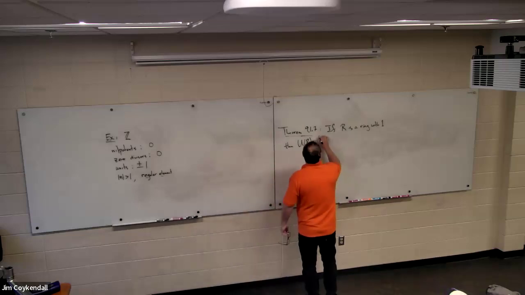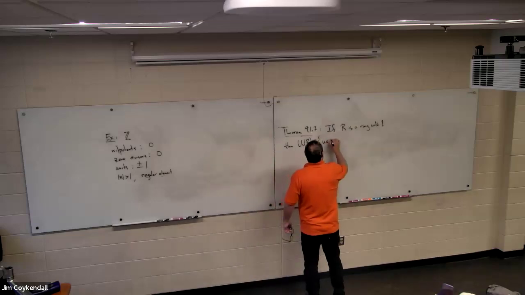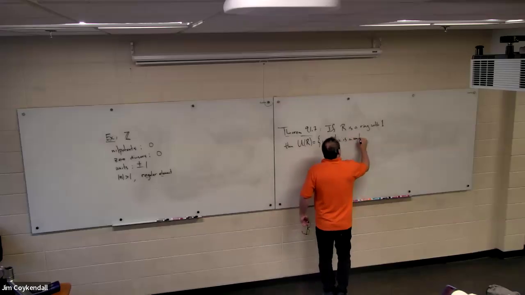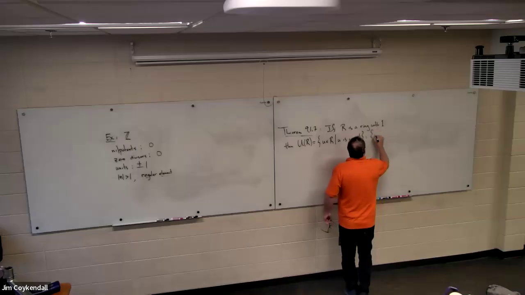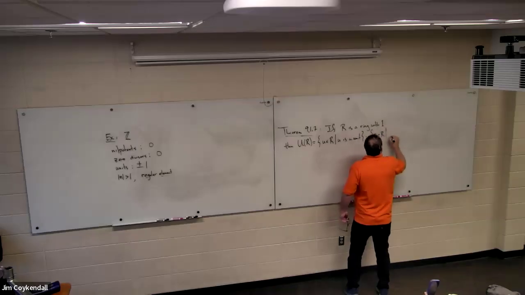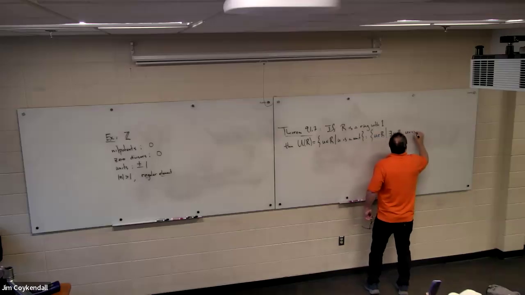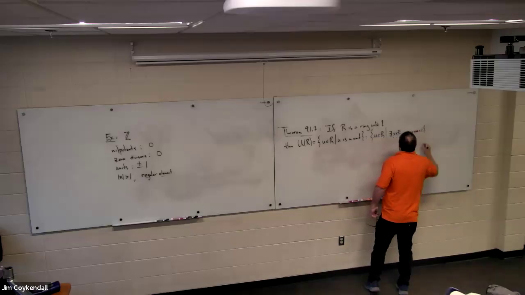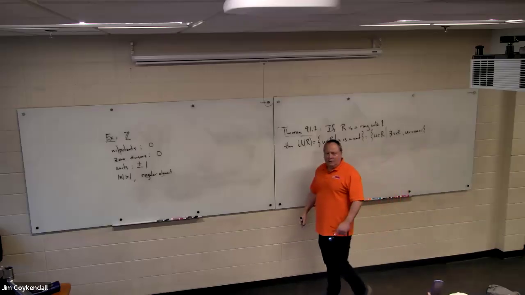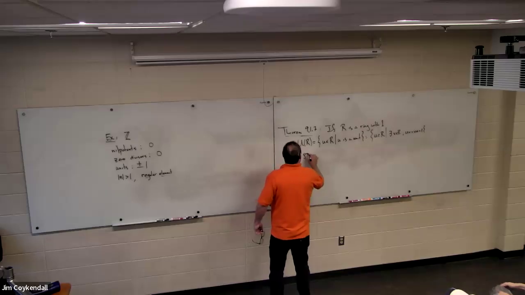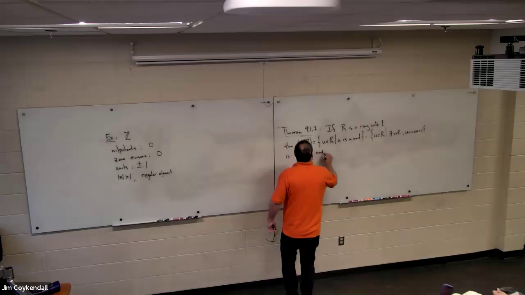This is the set of u in R such that u is a unit, which is the set of u in R such that there exists a v in R with uv equals vu equals 1. So that's just a reminder of what a unit is. It is a group.